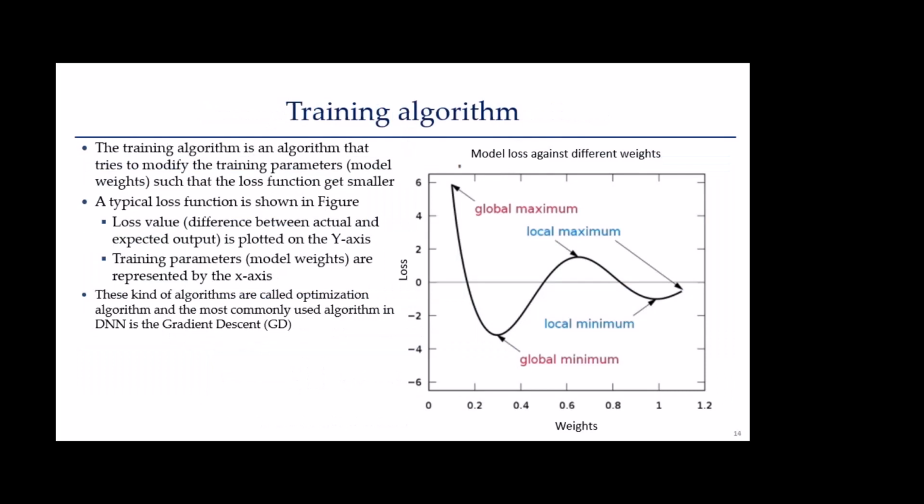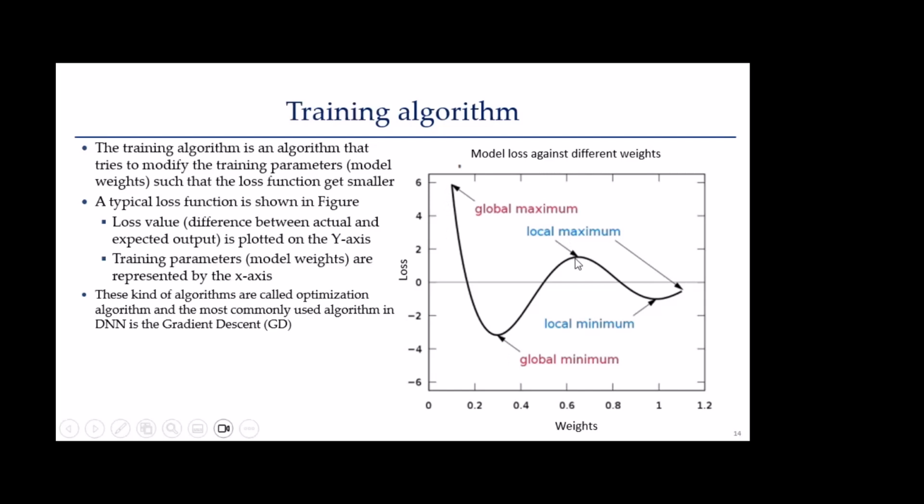With respect to the training algorithm, let's look a little bit at how this loss will behave, assuming we have the weights as a single dimension and we compute the prediction error at each value of those weights. So we should expect to see something like this. A case where we have a minimum loss or a maximum loss.